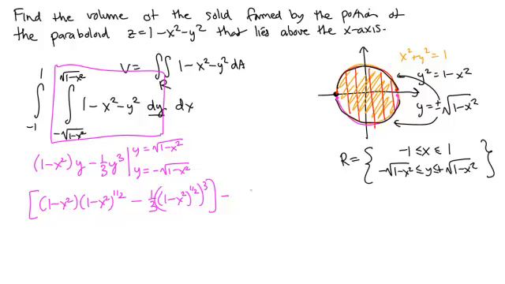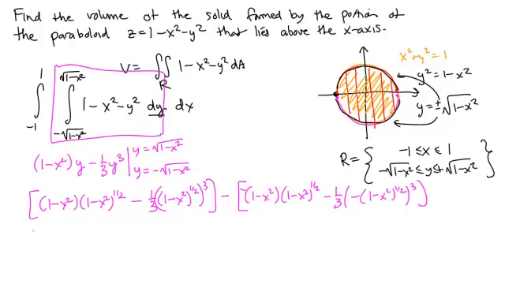Then we'll subtract what we get when we plug in the bottom. When we plug in the bottom, we're going to have 1 minus x squared times negative 1 minus x squared to the 1/2 power, minus 1/3 of negative 1 minus x squared to the 1/2 power, quantity cubed.